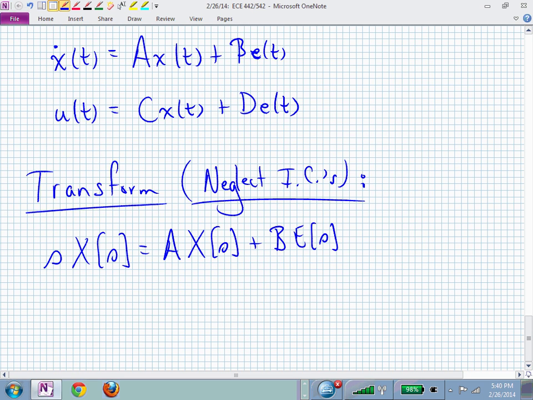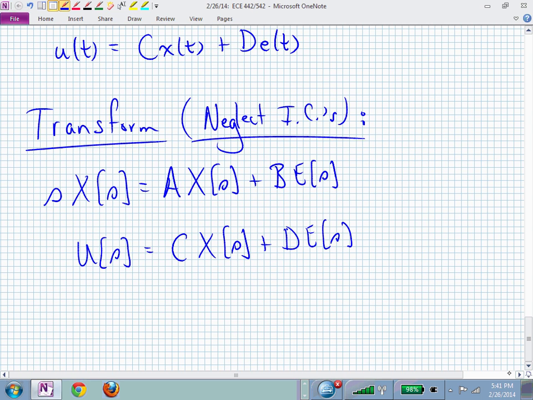And if we Laplace transform the output equation, nothing is dynamic there. That's pretty easy to transform. We simply have U of s equaling C X of s plus D E of s. And now I'm going to apply what we learned last time. Last time we said, if we have s in our expression, we want to replace all those s's, and here we only really have one s.